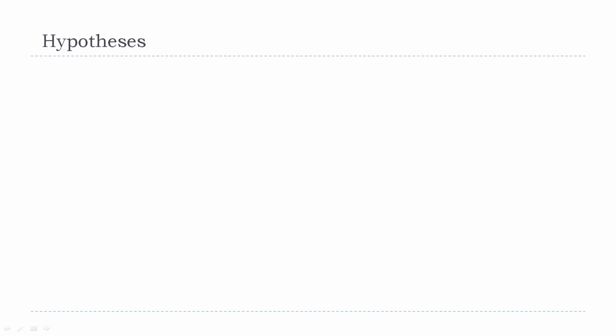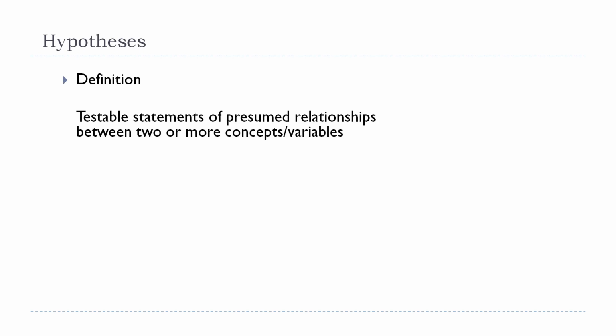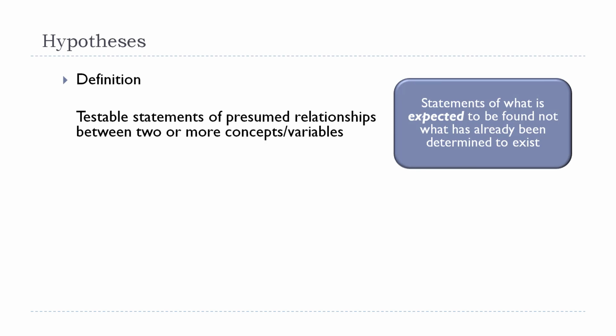Let's first define what we mean by a hypothesis. By way of definition, hypotheses are testable statements of presumed relationships between two or more concepts/variables. So they are statements of what we expect to find, not what has already been determined to exist. So what does that mean?